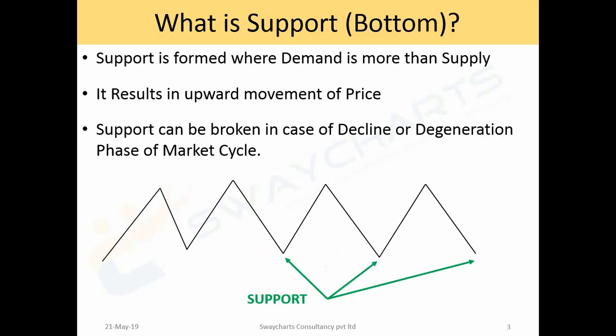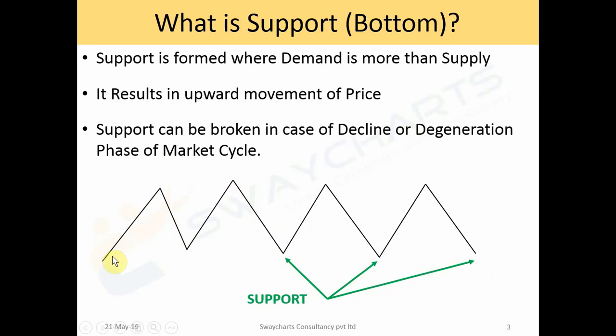So let's see what support is. Support is nothing but it is found where the demand is more than supply. At this level, right over here, we see that the price is going up and not falling further down. When it is falling, it comes and halts here. Again it comes and holds here.